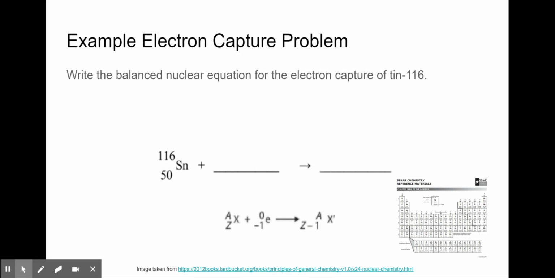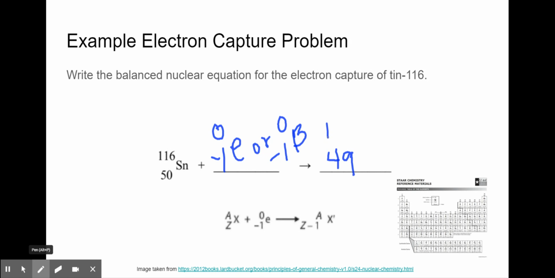This time, I'm absorbing an electron, so the electron will go on the reactant side of my nuclear equation, or this could be a beta. And then the resulting daughter isotope would be, let's look, I'm losing a proton, so this becomes 49.